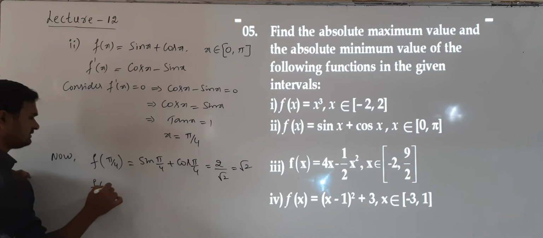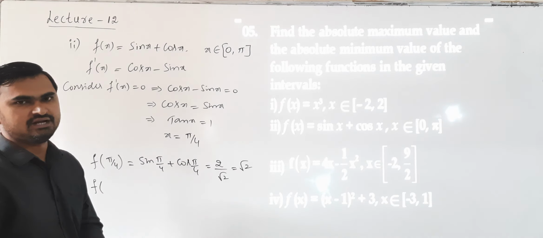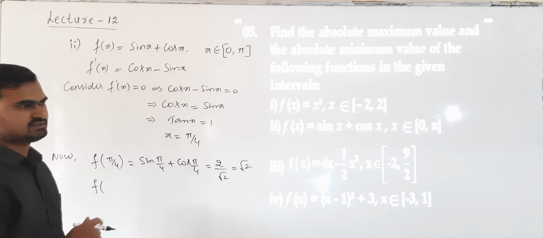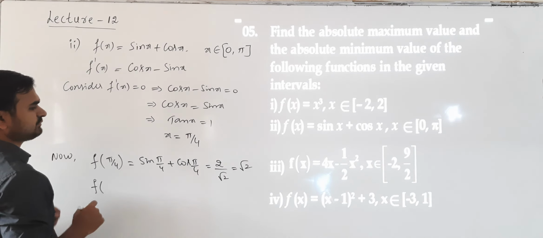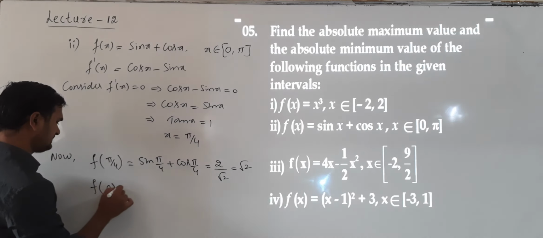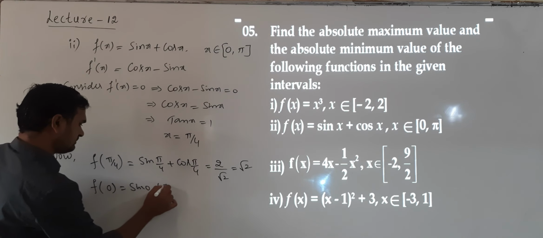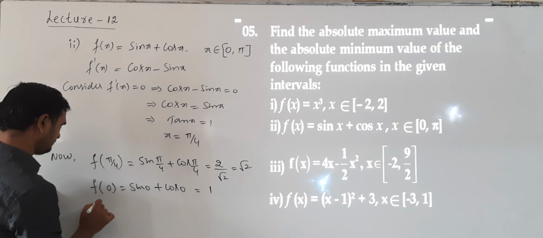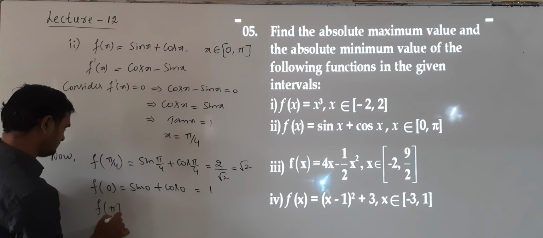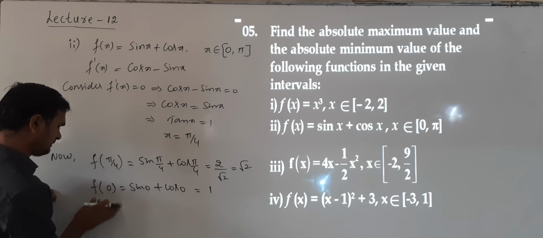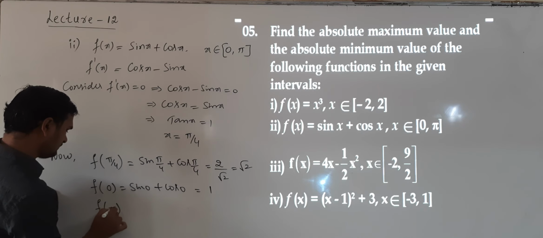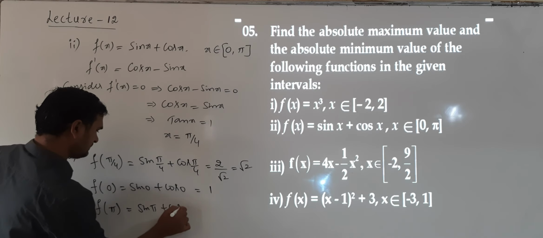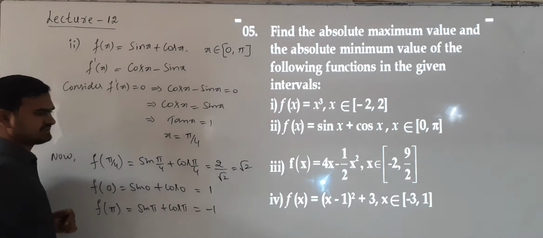Next, the function values at the endpoints. f of 0 is sin 0 plus cos 0. Sin 0 is 0, cos 0 is 1. Next, f of pi is sin pi plus cos pi, which is minus 1.